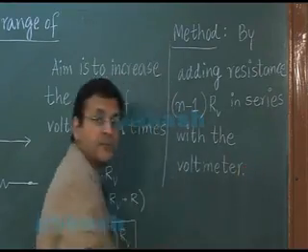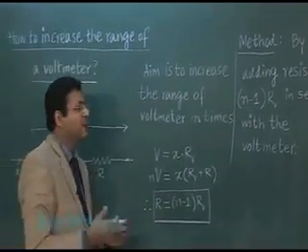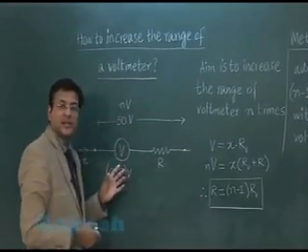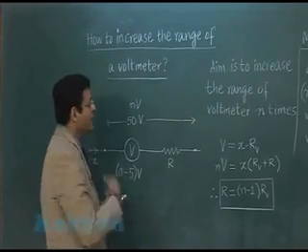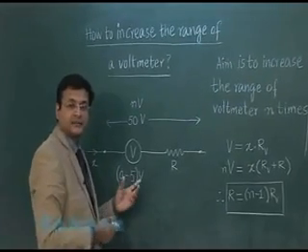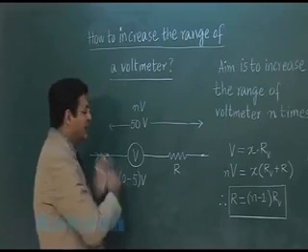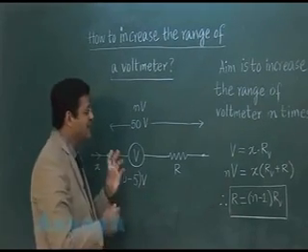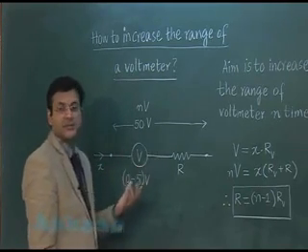You understand? So these are some of the main points you have, that voltmeter is connected in parallel, and ideally it had very large resistance, but the manner in which you converted a galvanometer into voltmeter, the same method we are utilizing to increase the range n times.